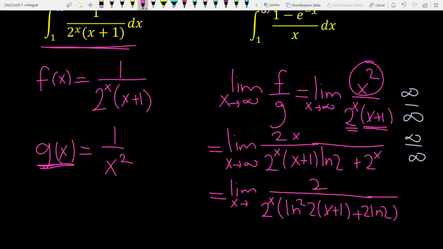When x tends to infinity, the answer is equal to 0. So this is L, right? L is 0.